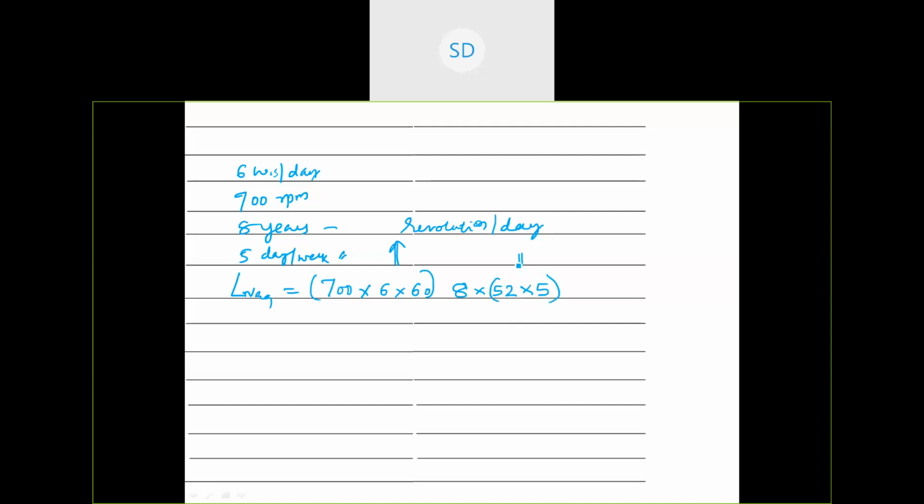Now this is what? It is the number of days per year, right? Now if you divide by 10 to the power of 6, you are going to get millions of revolutions here.